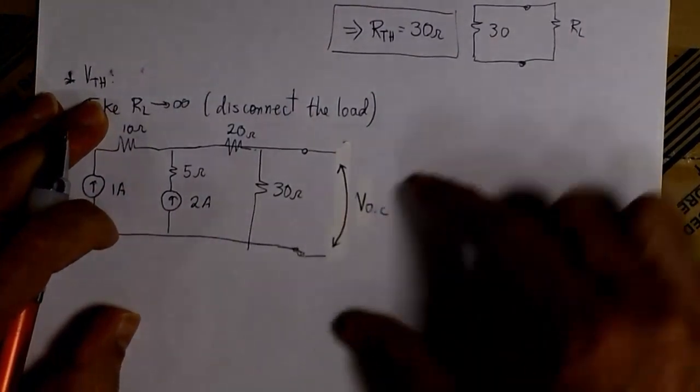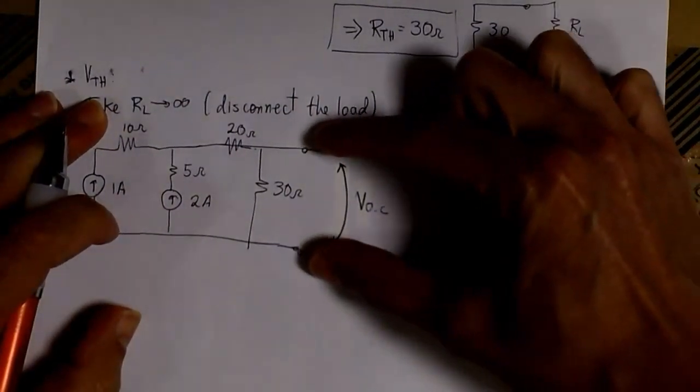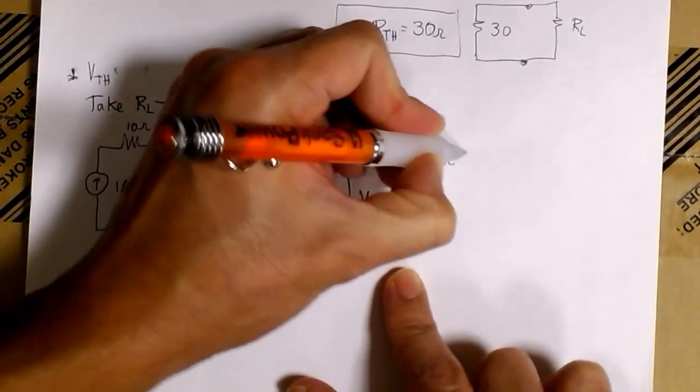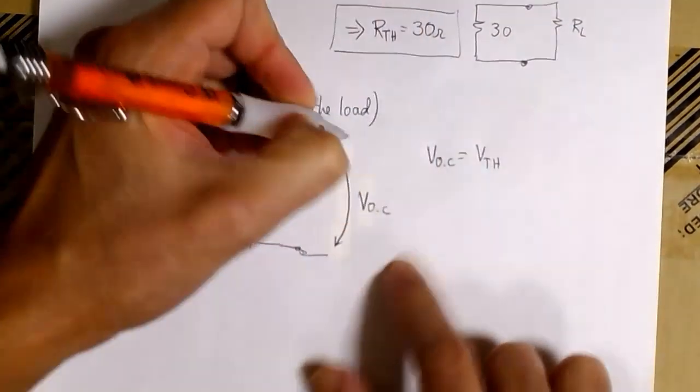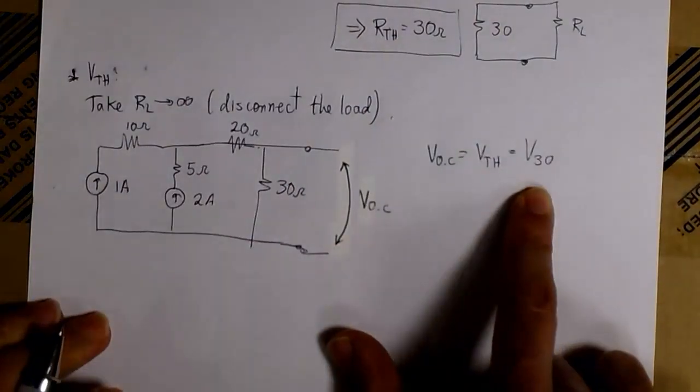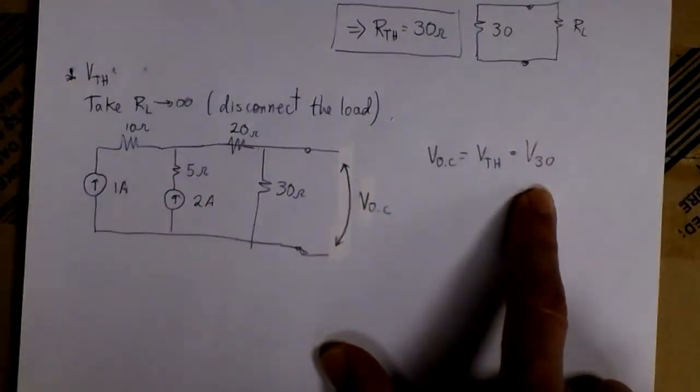And that V open circuit, in this case, is between these 2 terminals, corresponds to the voltage across the 30 ohm resistor. So V open circuit is the V Thevenin we're looking for, and in this case, that is simply the voltage across the 30 ohm resistor.